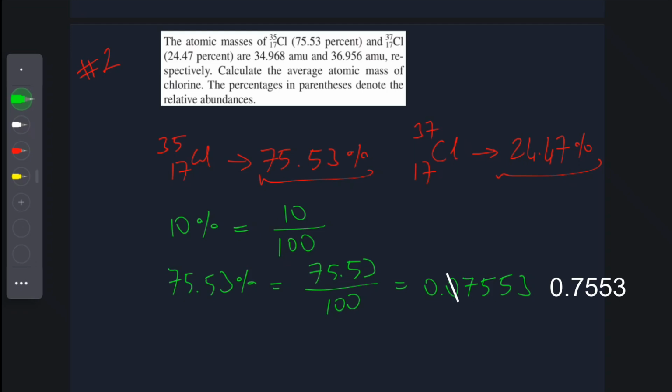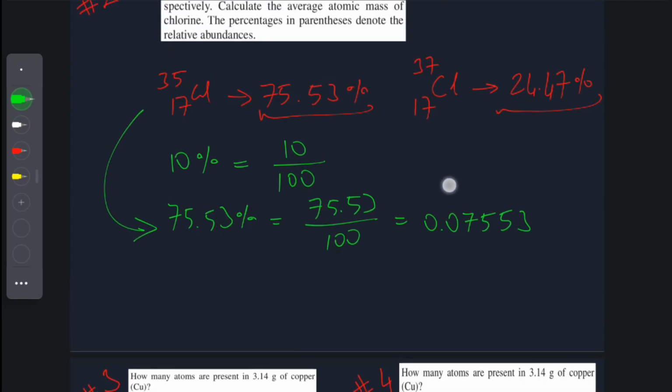This is the ratio of chlorine 35. And the other ratio is 24.47%, so it is 0.02447.